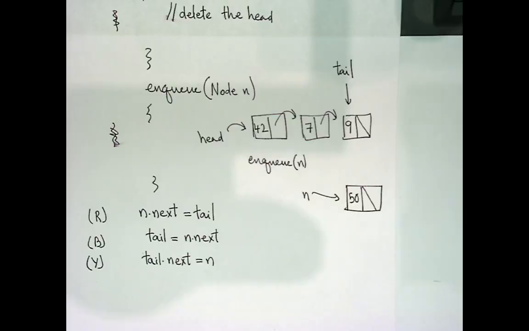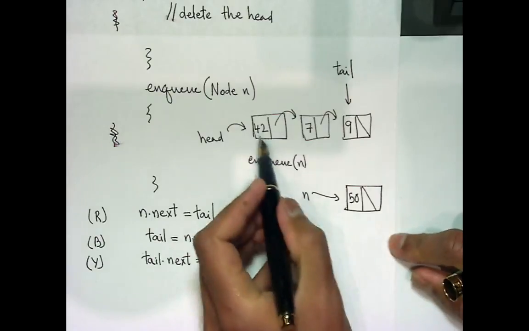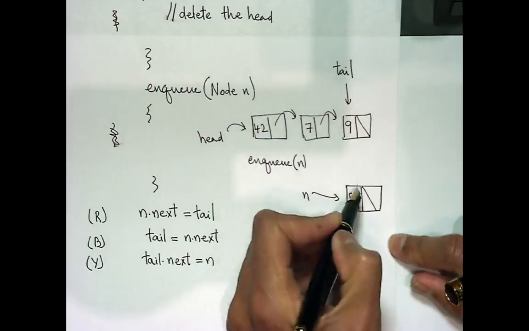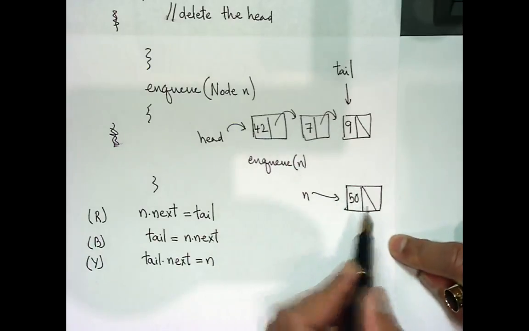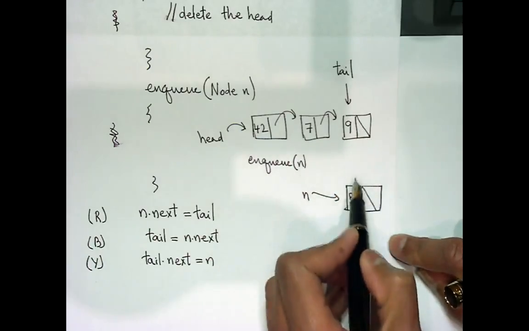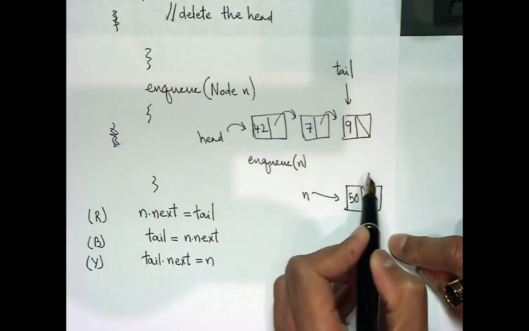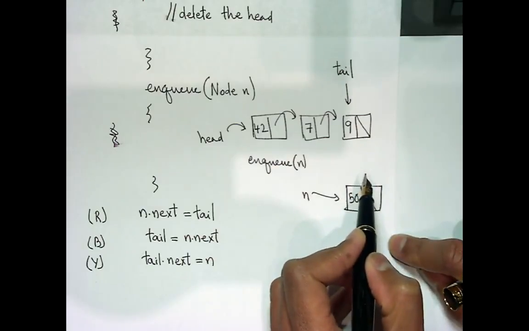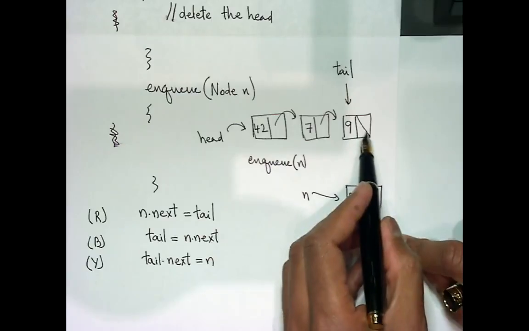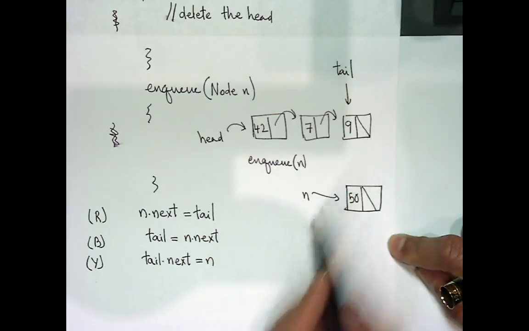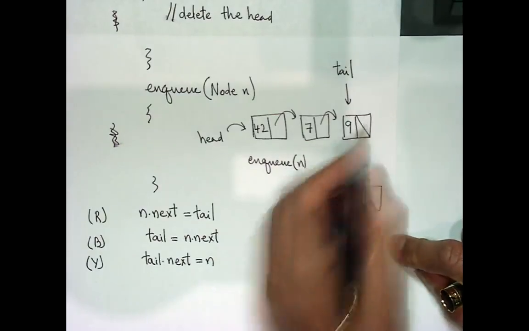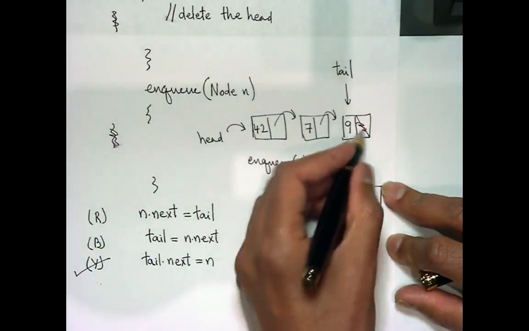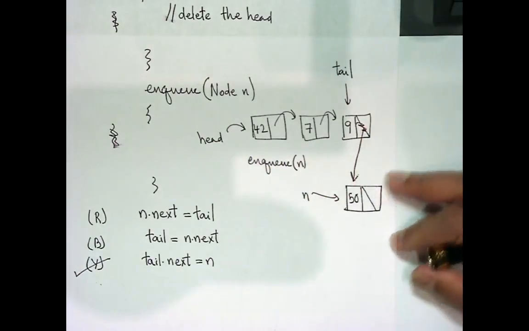Is it clear now what's going to happen? You want the linked list to now be 42, 7, 9, and 50. So you want this pointer here to now point to that, and this pointer is tail dot next. So you set tail dot next equal to n, and this will then point to this.